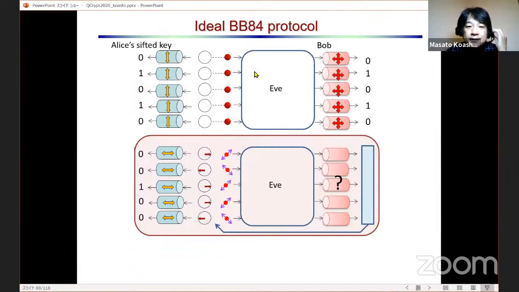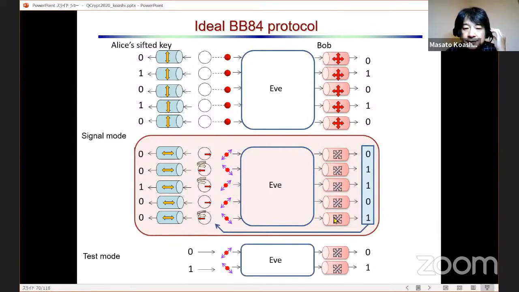we consider this template here. This is the actual protocol, where Bob does this measurement. We consider what Bob should do in order to reset these qubits to the 0 state, plus state here. Of course, the answer is to distinguish these diagonal polarizations. So a good answer is to use a measurement exactly the same as the one used in the test mode.